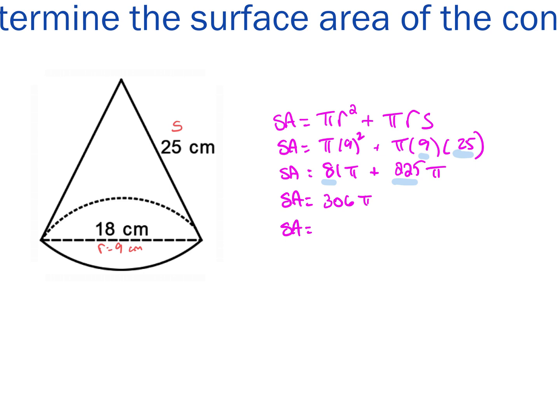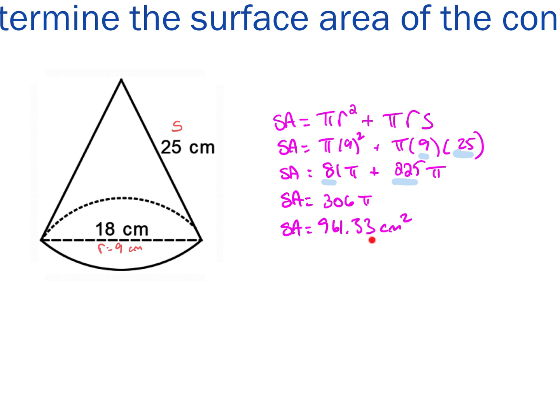And that gives us what? We get 961.33 centimeters squared.